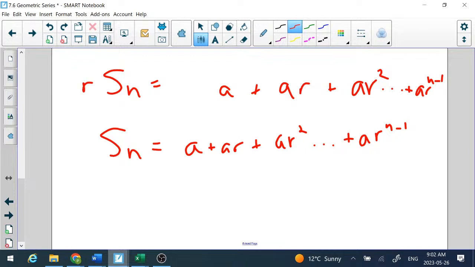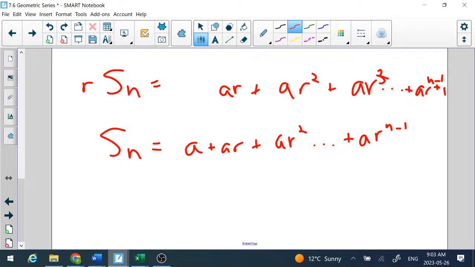So that means everything to the right gets multiplied by r. Okay, so AR squared, AR cubed, AR. This will just be to the power n. N minus 1 plus 1. So A times r to the n minus 1 plus 1 is just A times r to the power of n. Y'all down with that?